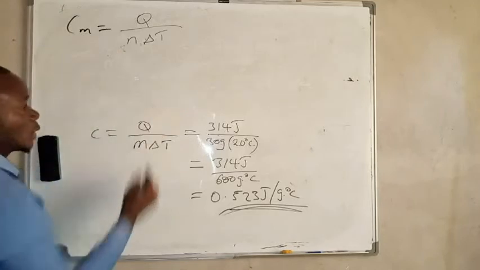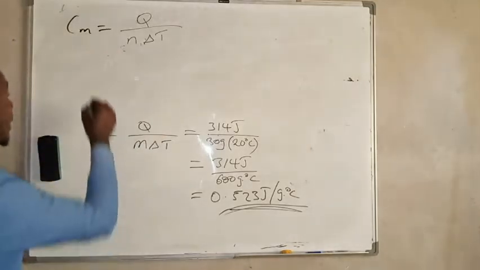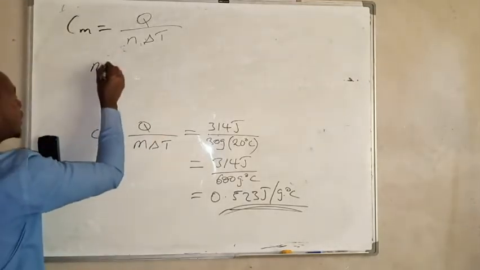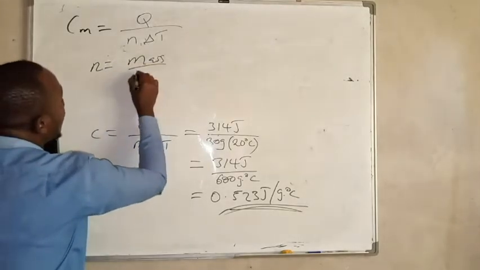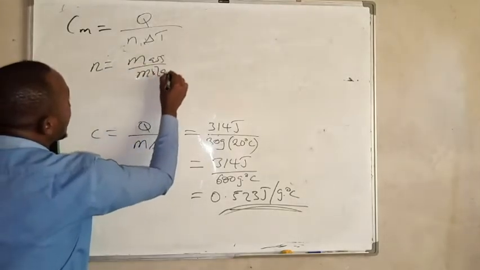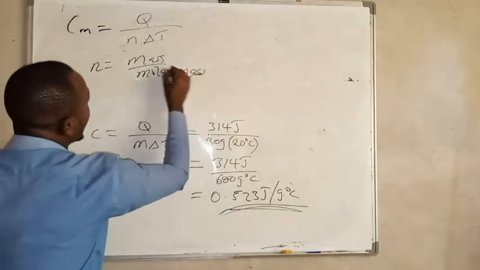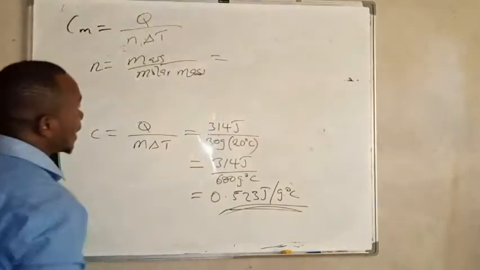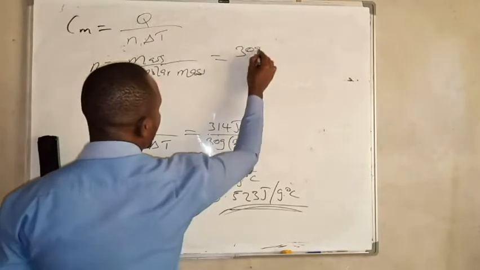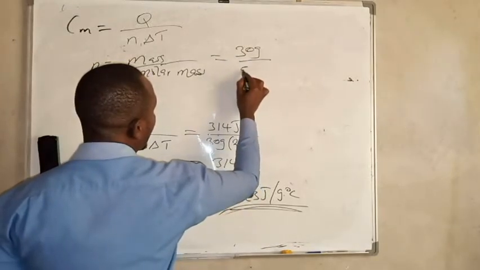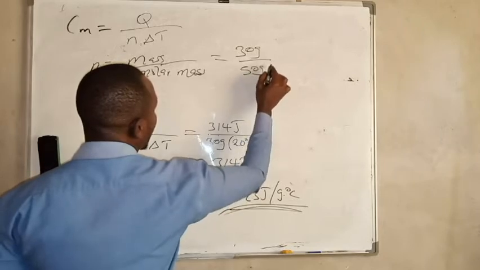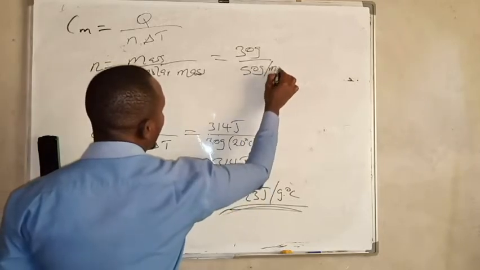The number of moles n is equal to mass over molar mass. So the mass given there is 30 over the molar mass, which is 50 grams per mole.